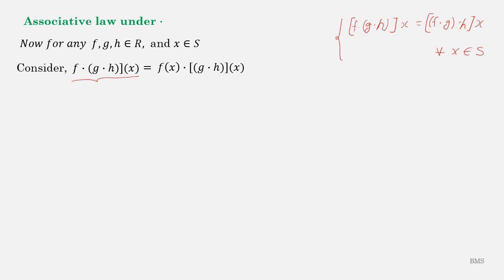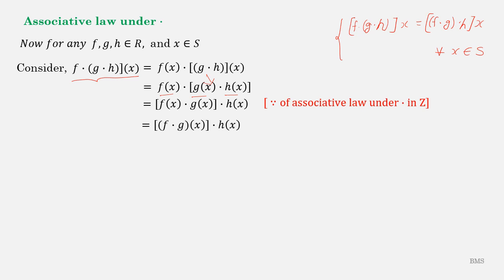So now that is equal to, by the definition of dot, f(x) dot (g dot h)(x). Again apply the same definition here. So this (g dot h)(x) is g(x) dot h(x), and look, f(x), g(x) and h(x) are integers. So we can use associative law here, and you can club like this, and again you use your definition of dot.